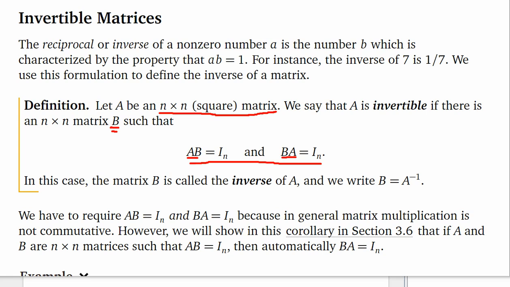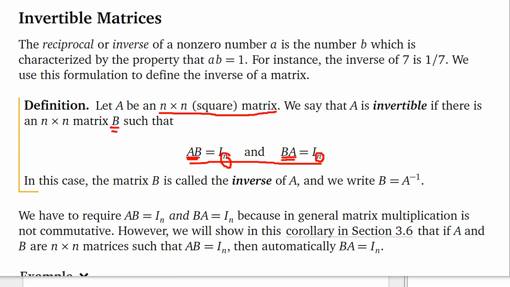And now you can see why we need a square matrix. Because if A is a rectangular matrix, then even if I could do this matrix multiplication, it would have a different size identity matrix.